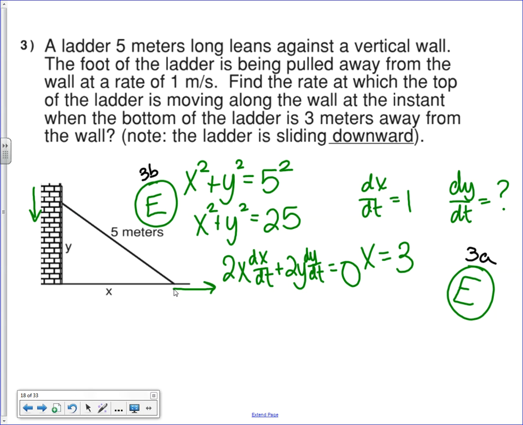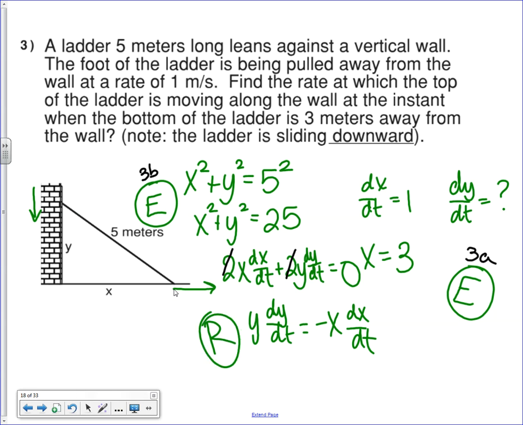Okay, and for this, they just simplified it a little bit for your choices. Notice you can divide the whole thing by 2, so I don't need that. And then we're going to be solving for dy dt, so I'm going to move the x over. So we have y dy dt equals negative x dx dt, and that corresponds with letter R.